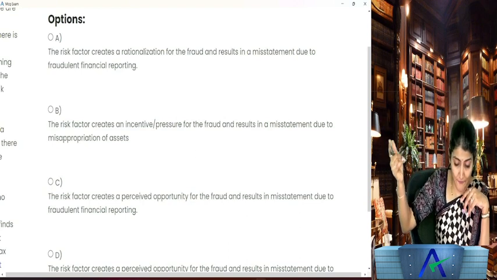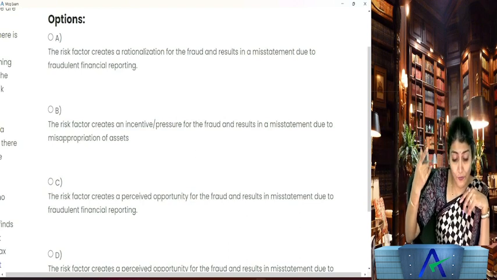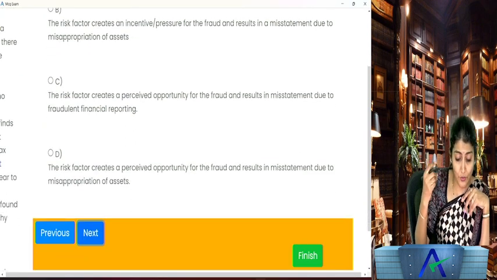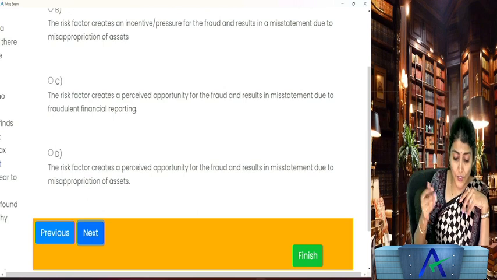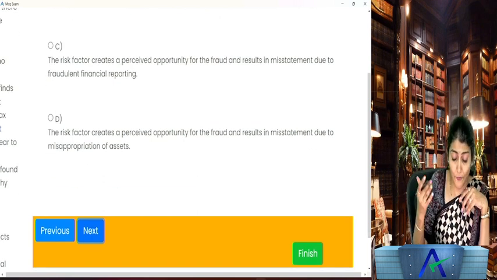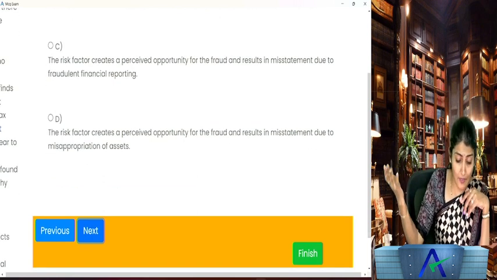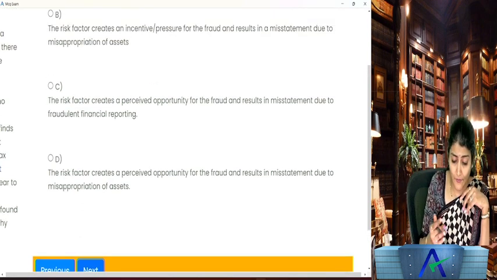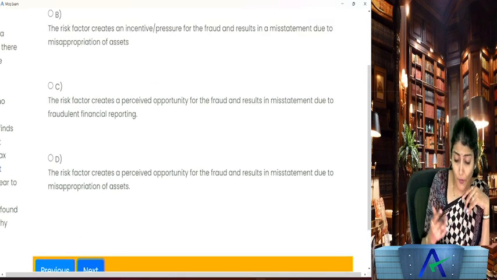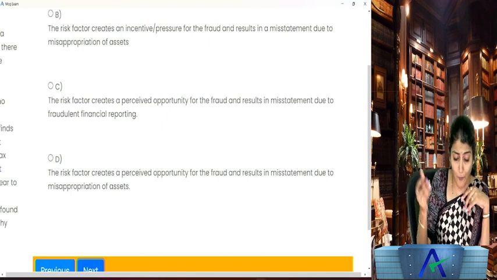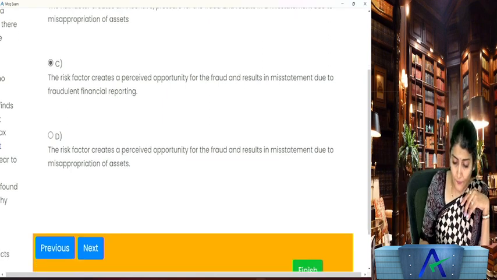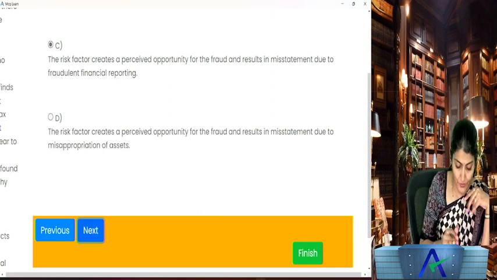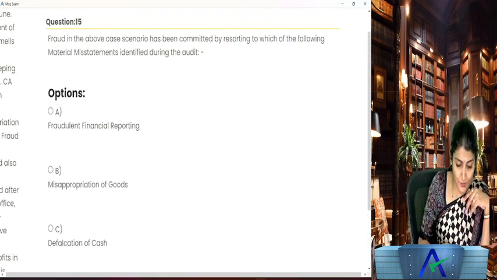Rationalization for FFR, then incentive pressure for the misappropriation of the asset, then the opportunity due to the fraudulent financial reporting, or the opportunity for the fraud and resulting in the misstatement due to the misappropriation of the asset, right? So what does it say? A perceived opportunity for the fraud, right? Most probably it should be the fraud and results in the misstatement due to the fraudulent financial reporting. Okay, right. Then next one. What is the next one?